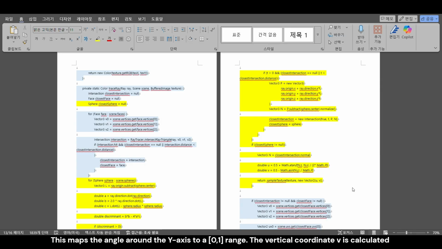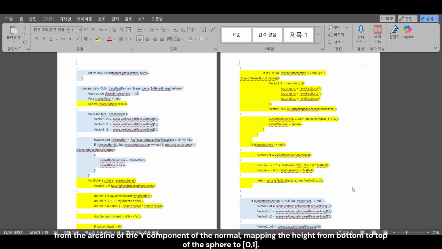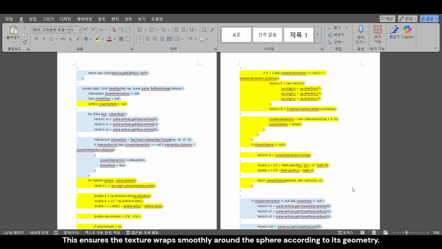The vertical coordinate v is calculated from the arcsine of the y component of the normal, mapping the height from bottom to top of the sphere to 0, 1. I then pass these UV coordinates to the sample texture function, which fetches the correct pixel color from the texture image. This ensures the texture wraps smoothly around the sphere according to its geometry.